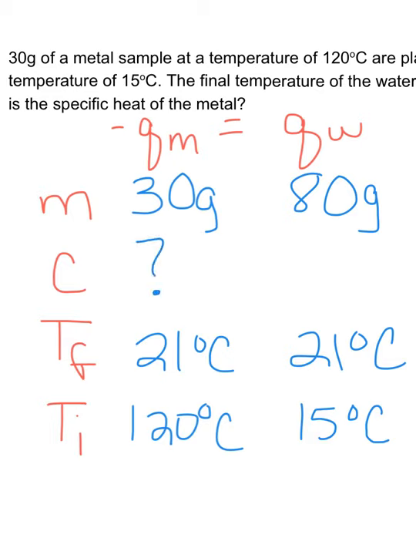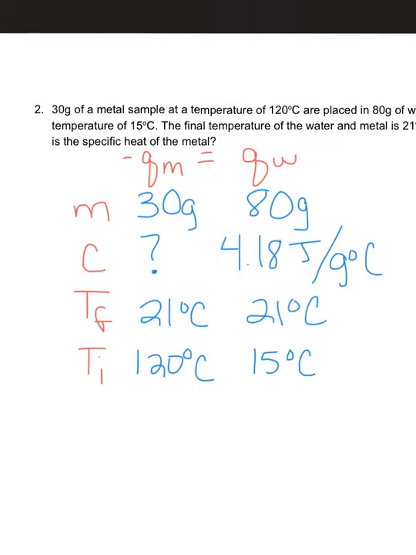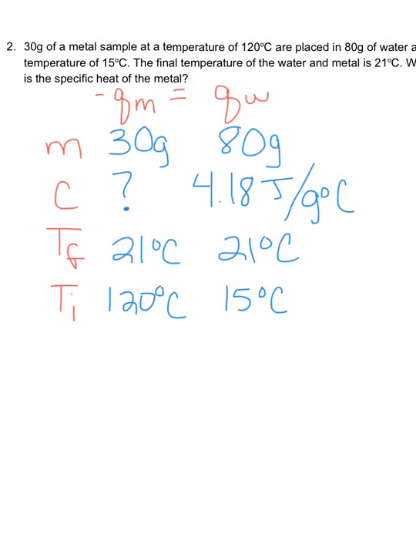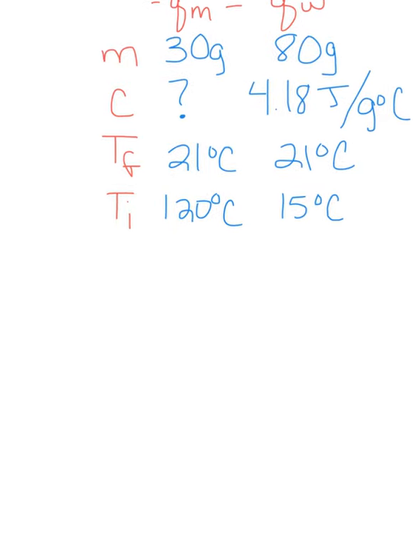Specific heat of the water is always the same thing, 4.18 joules per gram degrees Celsius. So we have our little chart made up. We just plug it in and solve for that missing variable. Okay, so let's start plugging everything in here.